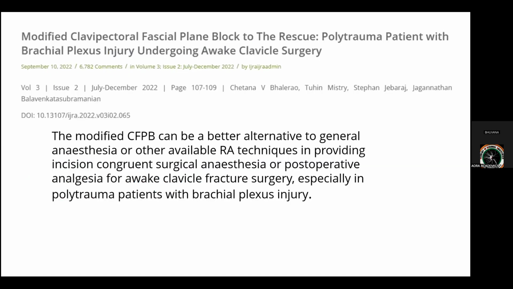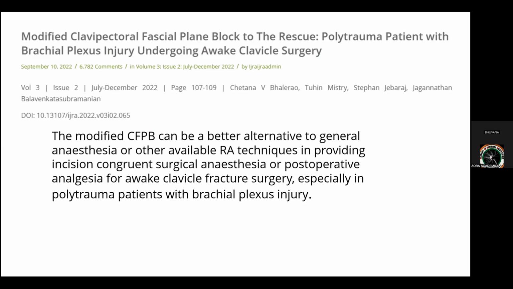This study was conducted at Ganga Hospital, Coimbatore. In that, they used a modified clavipectoral fascial plane block as rescue for polytrauma patients with brachial plexus injury undergoing awake clavicle surgeries.